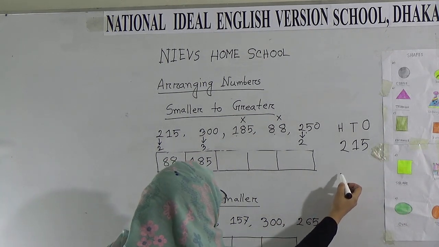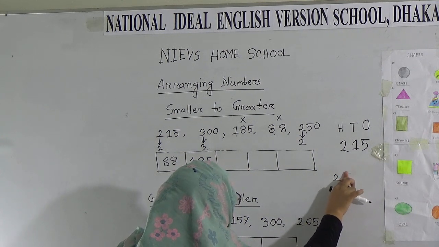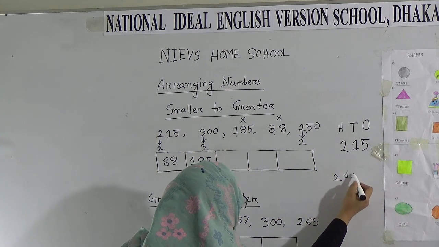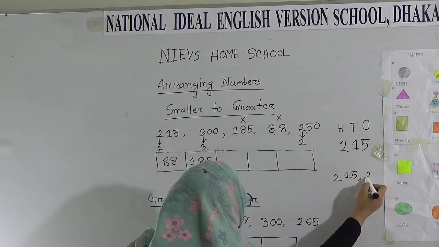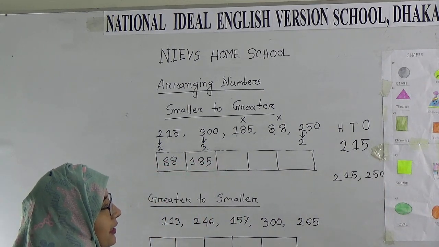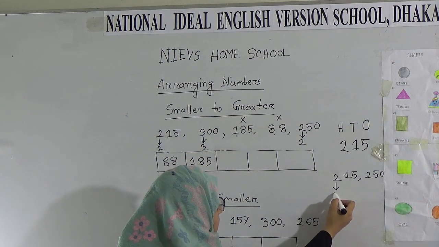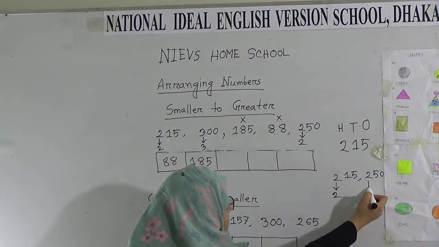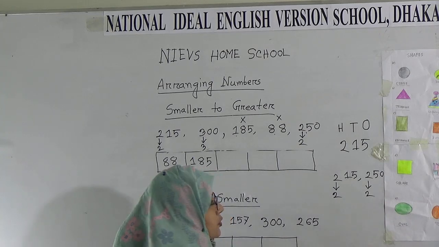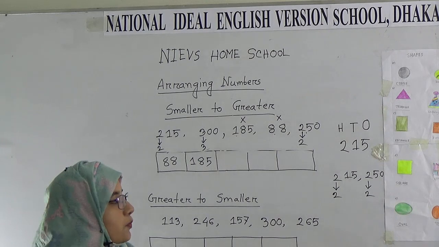So we have to compare the numbers 215 and 250. The digit of the 100's place in both numbers is the same. Here the digit in the 100's place is 2, and here the digit in the 100's place is 2. So both the numbers are the same.